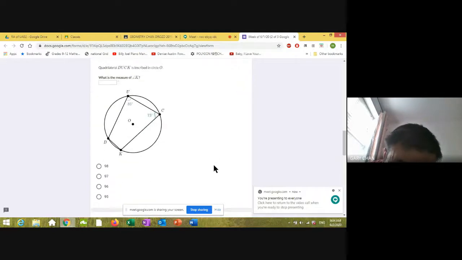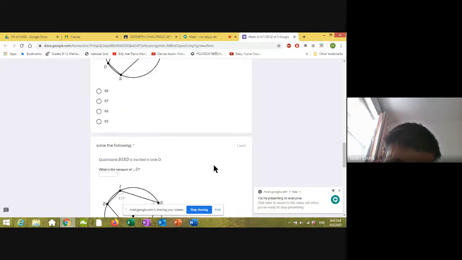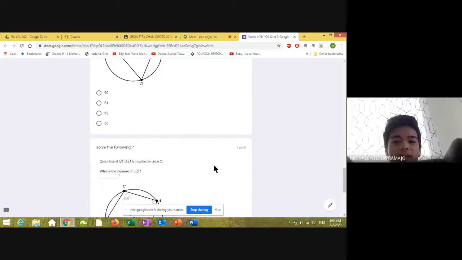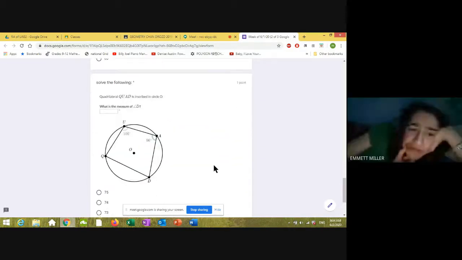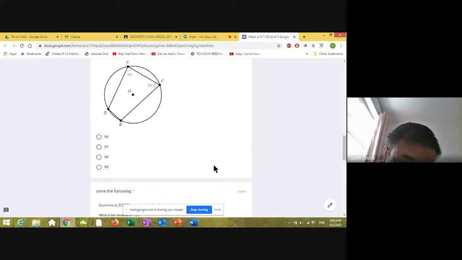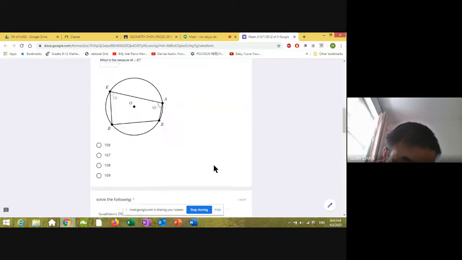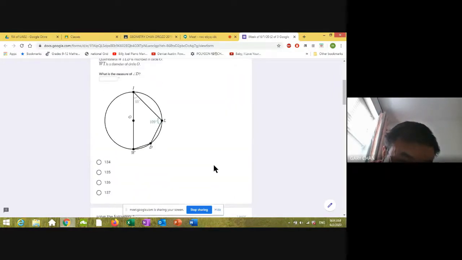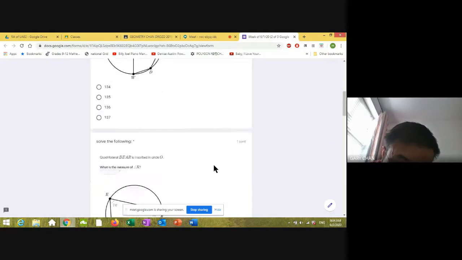What do you guys notice about all these quadrilaterals inside of these circles? They're not parallelograms, they're just regular quadrilaterals, not any specific kind. Notice that there are only four sides for all these shapes, okay?